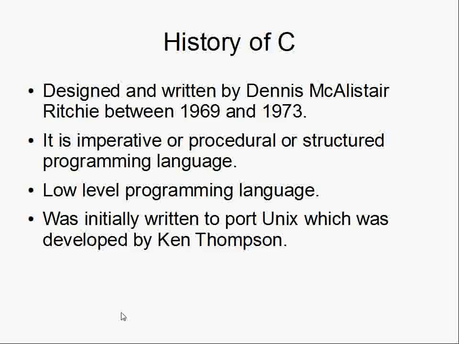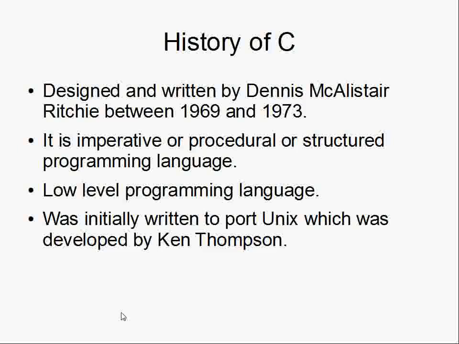When they did not have any work, Ken Thompson wrote Unix, and he also wrote a game called Space Travel. And his fellow researchers, along with Joseph Ossanna, Kernighan, and Ritchie, they used to play this game. The original machine for which it was written was PDP-7.